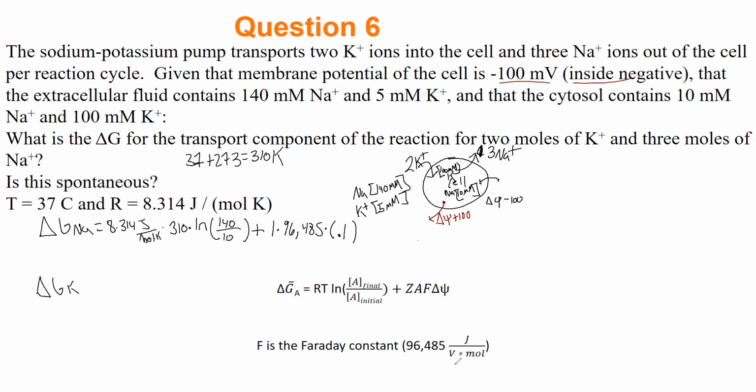So always be aware of the units that you're using. So I have to convert my millivolts to volts. So 100 millivolts, for every 1,000 millivolts, that's 1 volt. So that's why it's 0.1. So before I move on, are there any questions on how I decided on my variables for the free energy and movement of sodium?